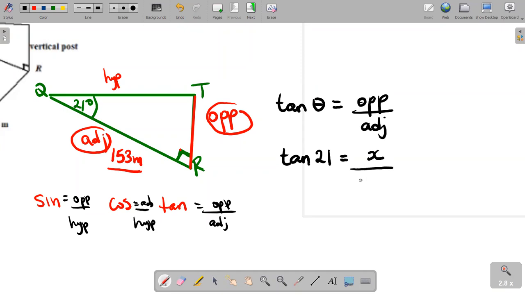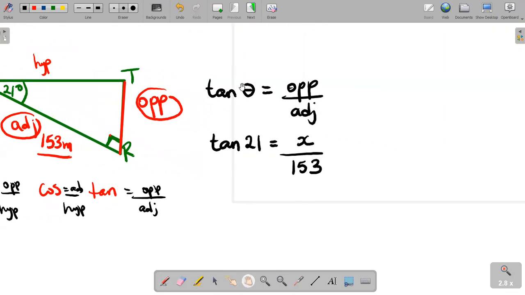What is the adjacent? 153. So let's pause right here. What do you do next? Tan 21 has a numerical value. So get your calculator, put it in and tell me what it represents. What is tan 21? Okay, so I got 0.383. Anybody else? What is tan 21? Type it in your calculator, tell me what you get.